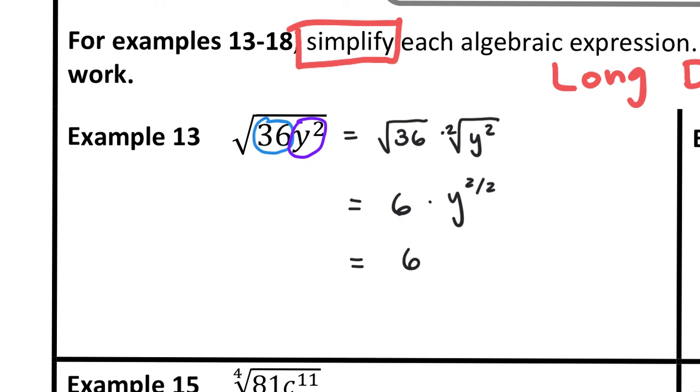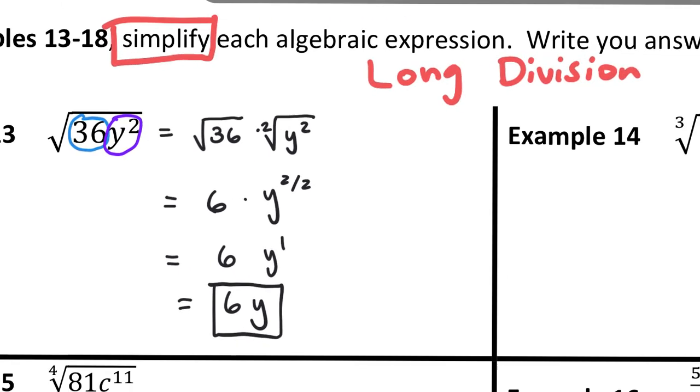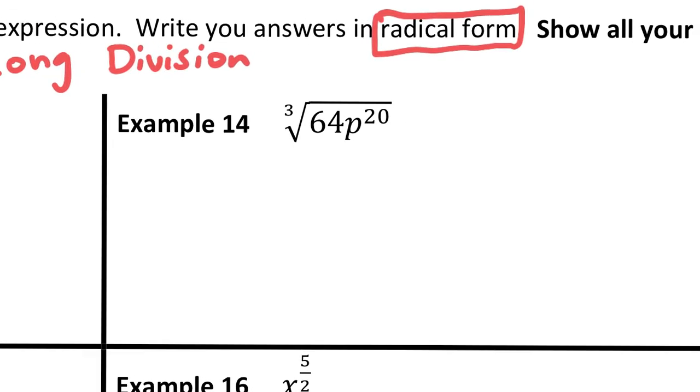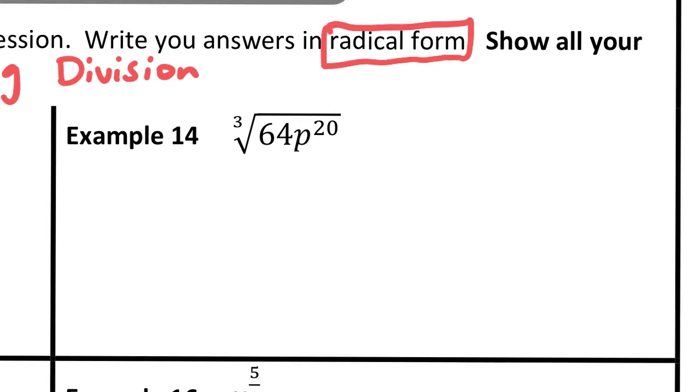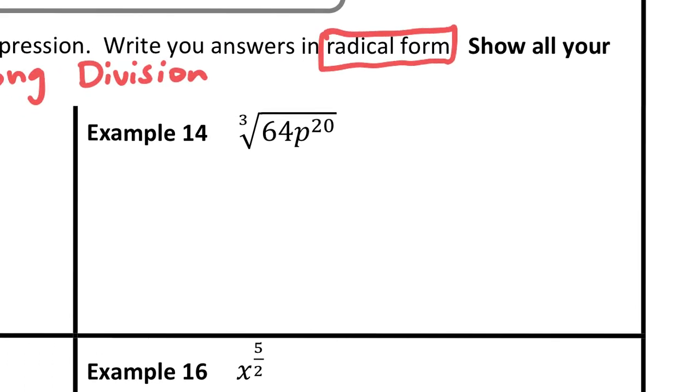But 2 divided by 2 is 1. So we get y to the power of 1. And so our final answer is just 6y. Okay. So that's example 13. That one didn't require long division per se, but let's see what will.